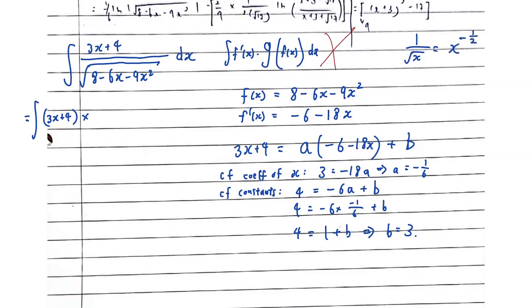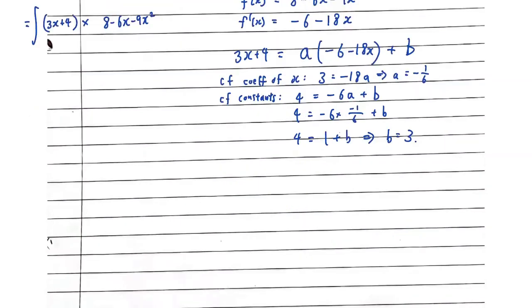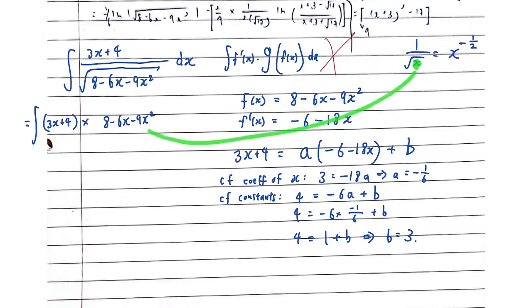So that means that this 8 minus 6x minus 9x squared is like your x over here, but you replace the x with a quadratic. 1 over the square root of whatever will give you whatever raised to the power of -1/2. So the whatever in this case is the quadratic raised to the power of -1/2 dx. Does it look more familiar now?